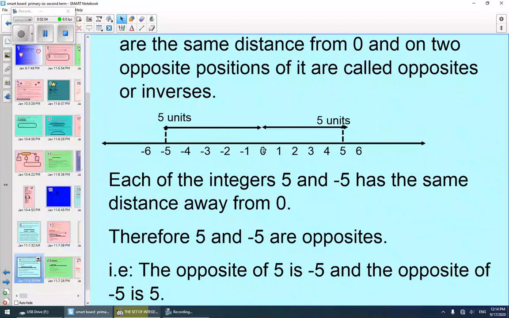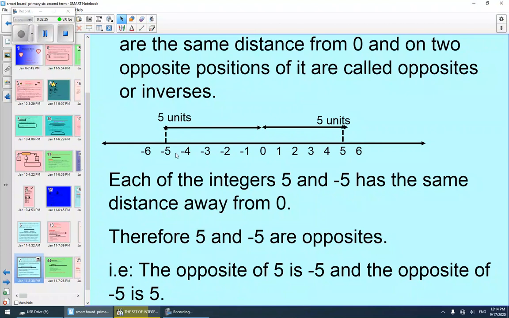The distance between 0 and 5 equals 1, 2, 3, 4, 5 units. And on the other side, the distance between 0 and negative 5 is 1, 2, 3, 4, 5 units also.